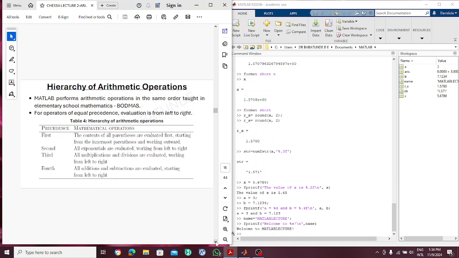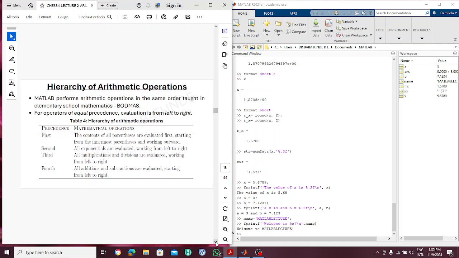So after being done with the exponential terms, it looks for the multiplication and division operators. Division and multiplication have the same precedence in mathematics and in MATLAB. So if there are several of these in a command, it works from left to right. And also addition and subtraction have the same precedence, which follows that of multiplication and division.